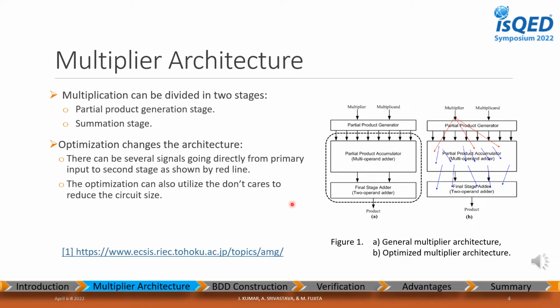The extra lines are added due to the don't care utilization in optimization, and hence the separation of different blocks becomes difficult. In the upcoming slide, we will see why these red lines are creating problems to apply the BDD based verification method. Moving to the next slide.